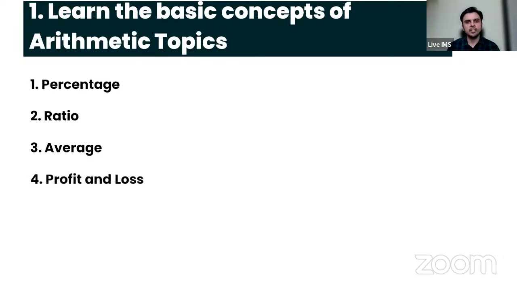The fourth important topic is profit and loss. It has been observed that one of the questions of the set, or maybe a separate set completely, may be asked on profit and loss. The weightage has been somewhere around 10% when we compare the last 4 to 5 years of CLAT.